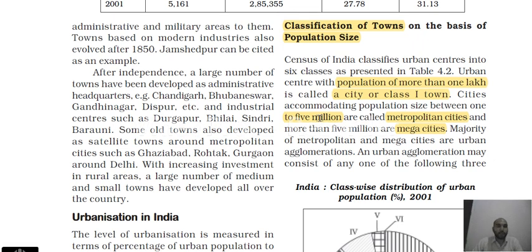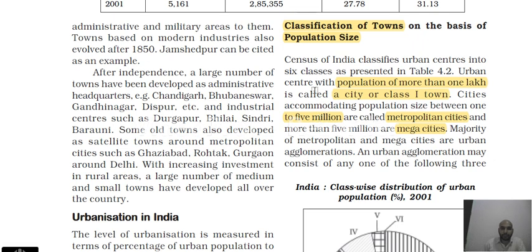Third is called mega city. If the population of that area is more than 5 million or 50 lakh, more than 50 lakh people living in that area, that makes it a mega city. So this was about the classification of towns.